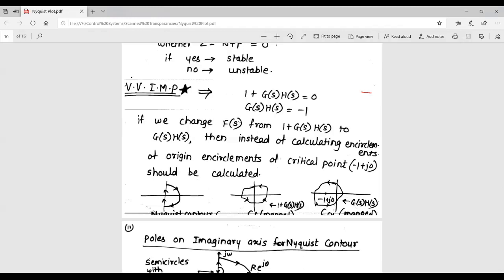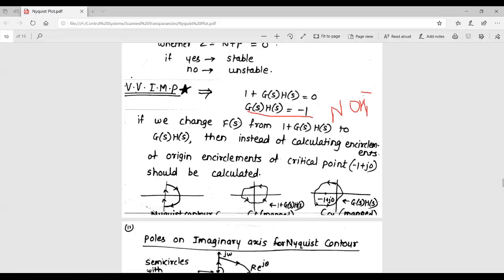Now let us simplify this. Instead of considering 1 plus GSHS as f of S, we can consider GSHS as the function. GSHS is nothing but the open loop transfer function. So instead of considering 1 plus GSHS, even if we consider GSHS, that would be fine, but we get GSHS is equal to -1. So what we have learned in the mapping theorem, that encirclements n around the origin were counted.